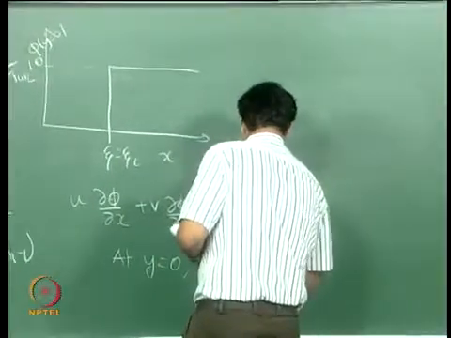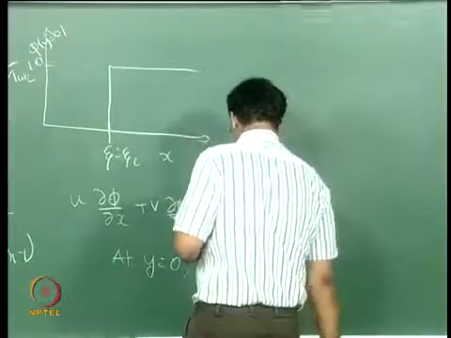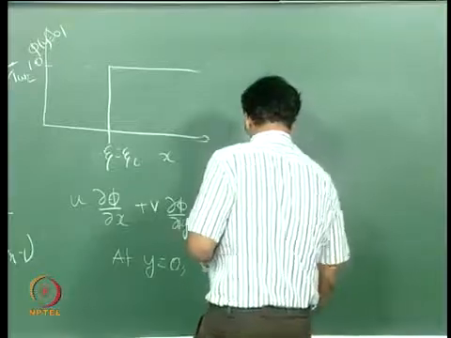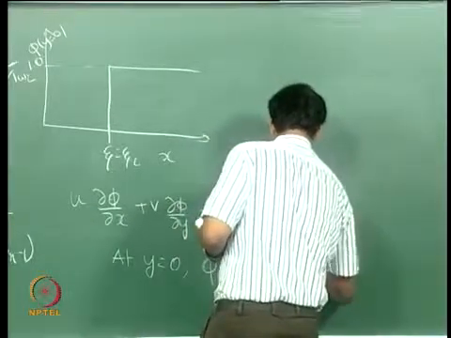Till your x is greater than 0, or maybe you can say, if you want to write it in generic terms, zeta n minus 1 to zeta n.